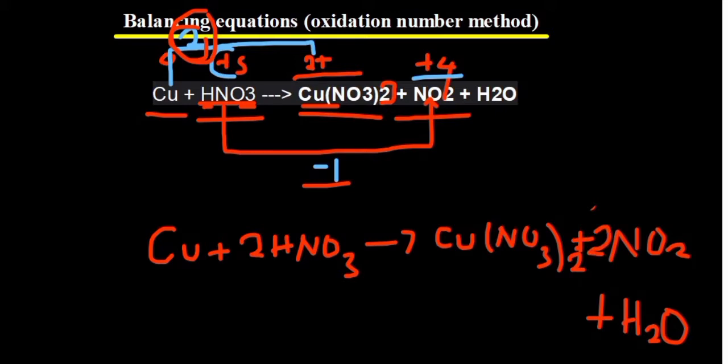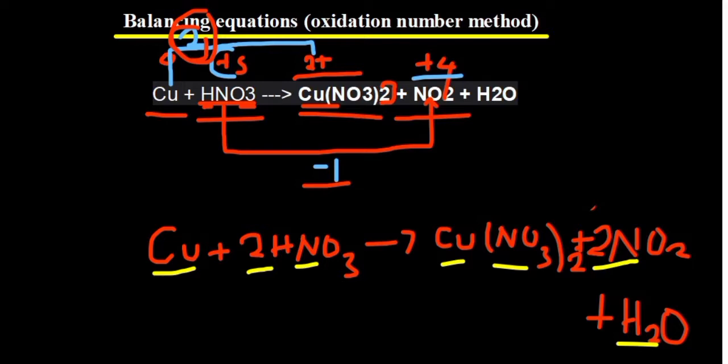Okay. So before we submit our work, we need to check that the atoms are balanced. So start assessing. If you look at the copper, you've got 1 copper, and it's 1 there as well. Hydrogen, you've got 2 there, there are 2 as well. For nitrogen, you've got 2 here. There you already have 2, but again there's also an extra 2. So we need to make it 4 on the left.